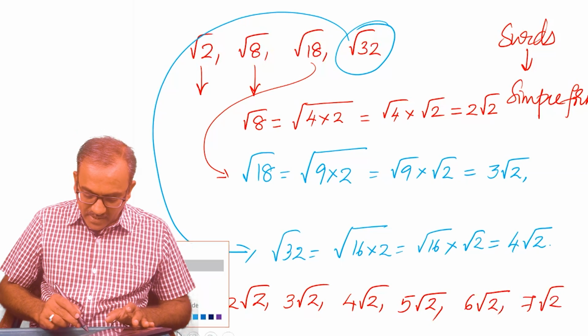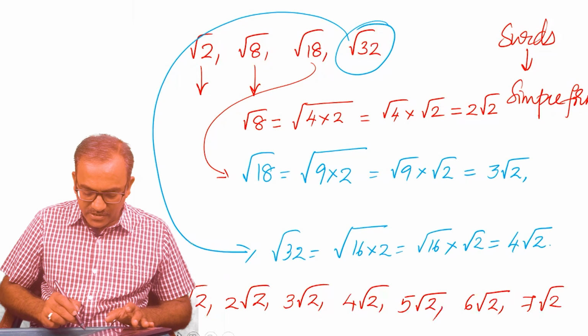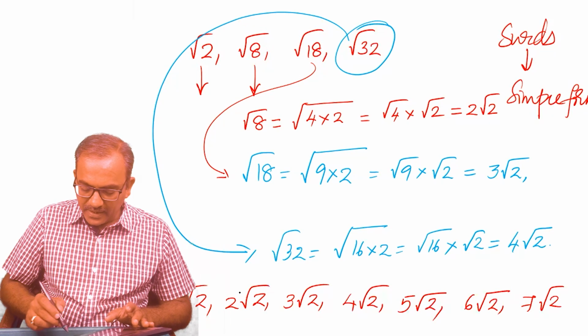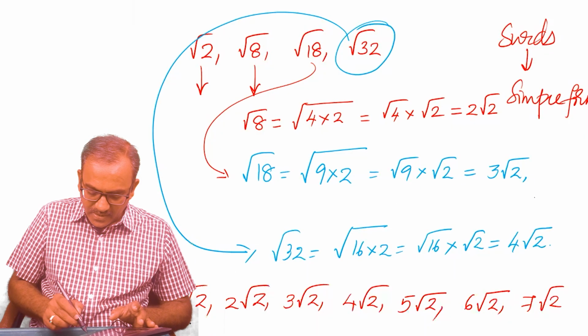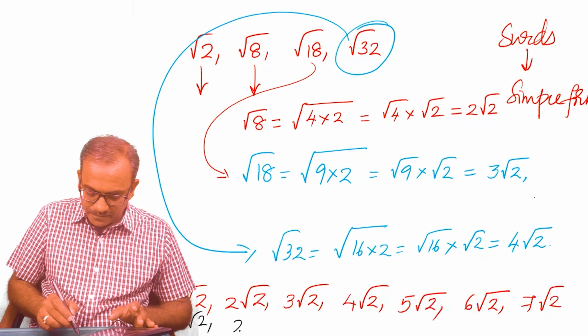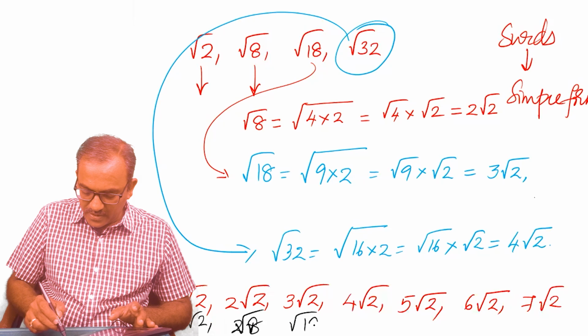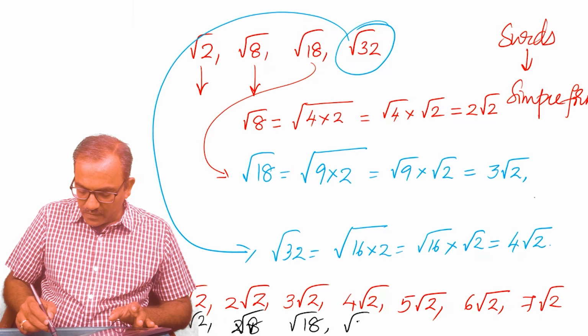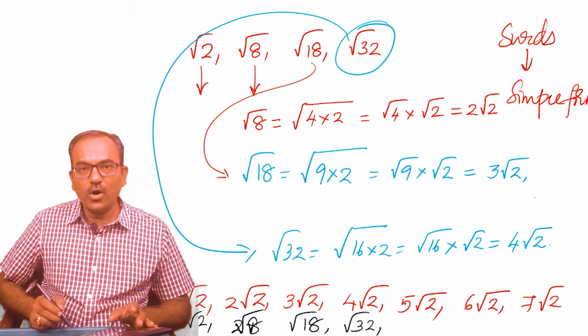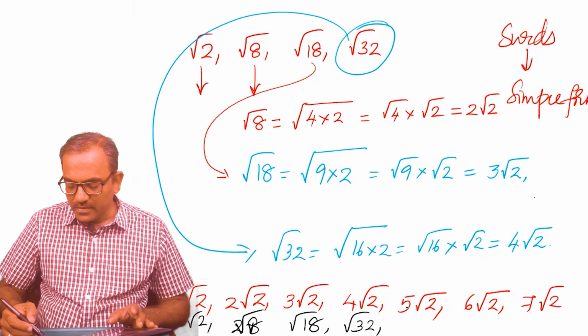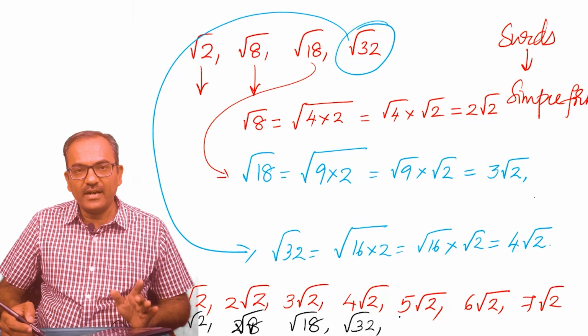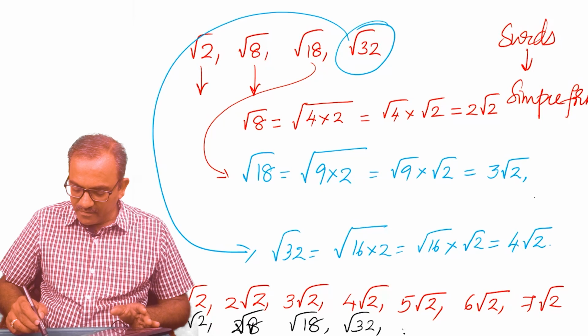Now, can we write this in the given question form, like root 2, root 8, root 18, root 32? Similarly, what would be this? Here it is 5, the square root of something is 5. What is that something? That is 25. 25 into 2 is 50.